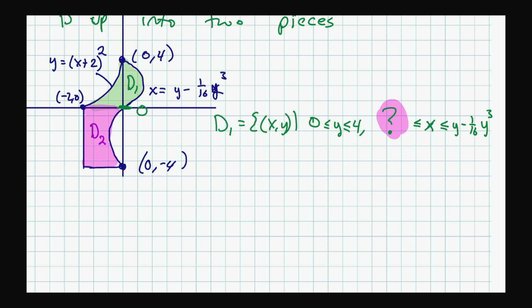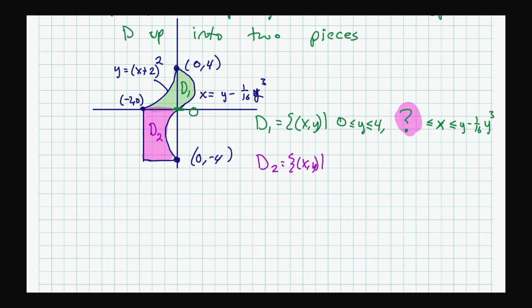Now for the D2 region, it's the set of x, y such that, and I think we'll do it the same way. Y could be between minimum and maximum y values of -4 and 0, right? -4 up to 0 there.